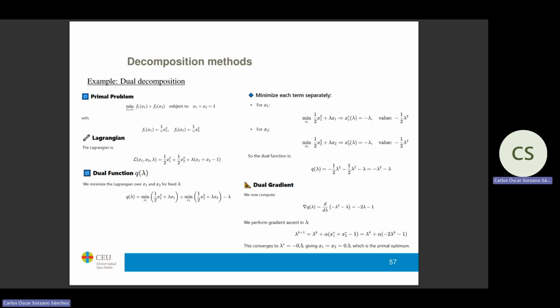Then we have to maximize this, and you can use gradient descent, for instance, for that. At the end it converges to lambda equals minus 0.5. And if lambda is minus 0.5, you substitute here, x1 and x2 are 0.5. And that is the optimum of your primal problem.